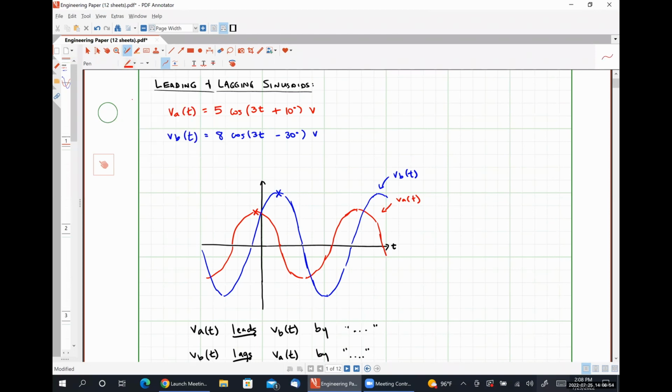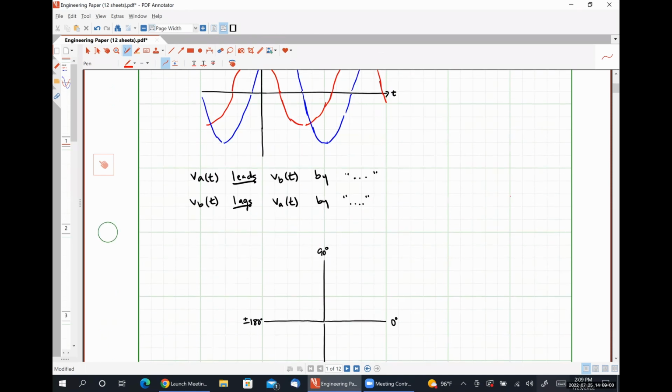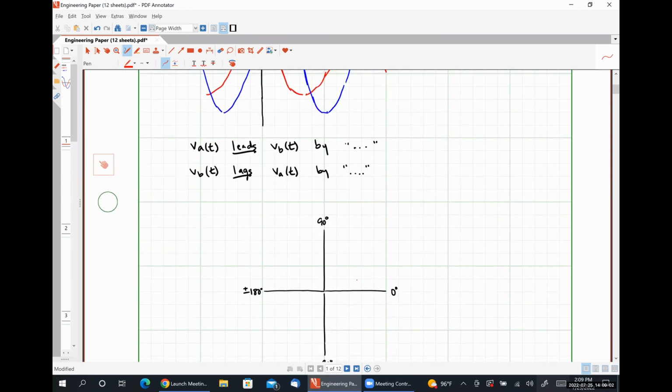So I want a vector that has a length of 5 and a phase angle of 10 degrees. So that might be something like this. For VB of t, we have a length of 8 and a phase angle of minus 30.